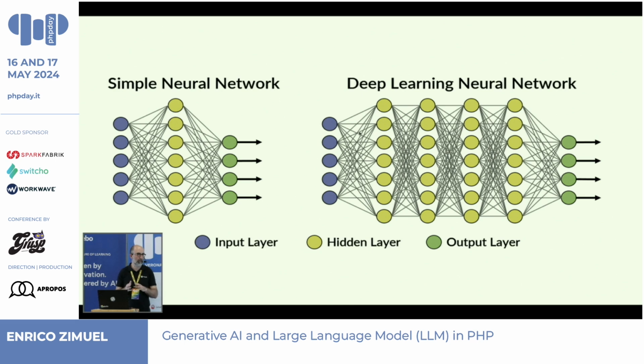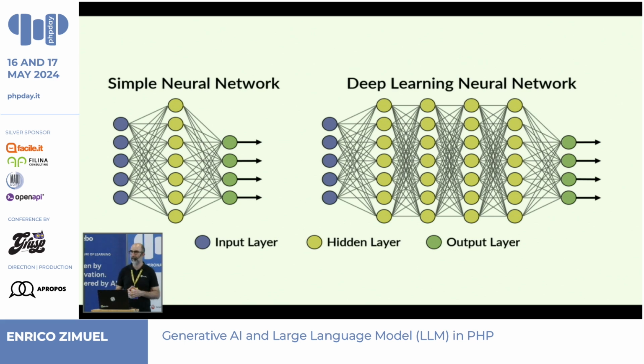You can run it on a normal CPU if the model is not big, or if you need very, very big models, you can use a GPU. That's why NVIDIA became so famous recently, because everyone is using GPUs to do this calculation, also because you can parallelize the tasks, right? So it's very convenient to use the GPU.